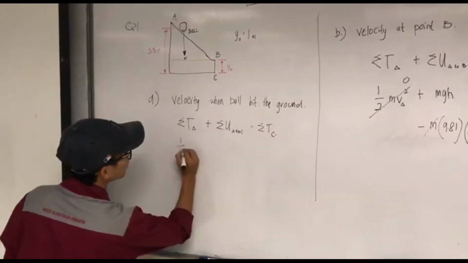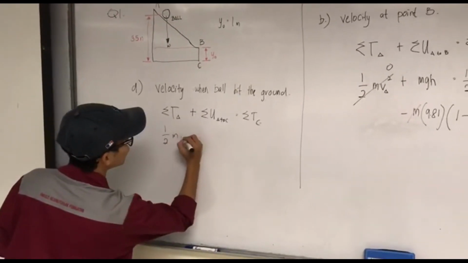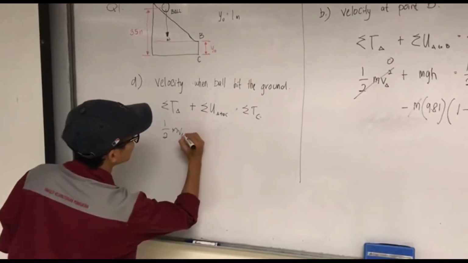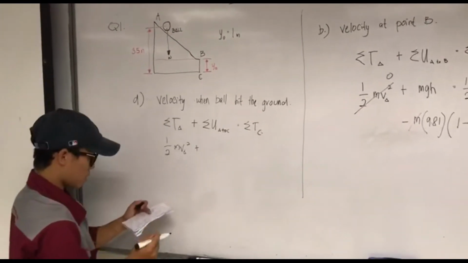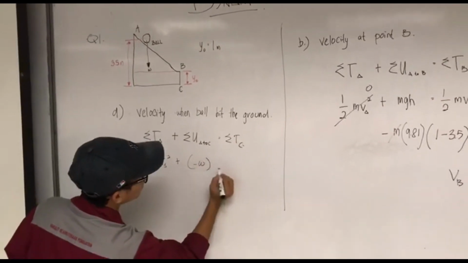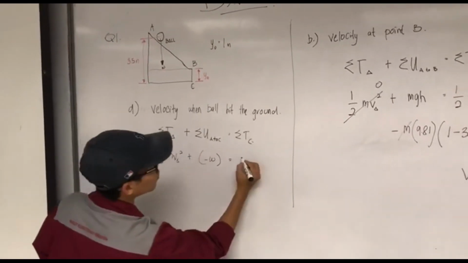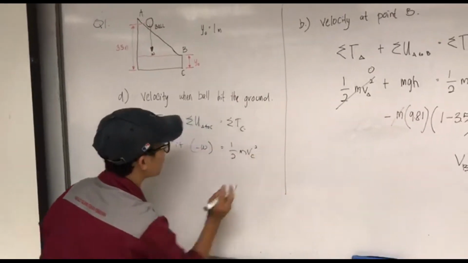And then we go to 1/2 m V_A squared plus negative W equals 1/2 m V squared.